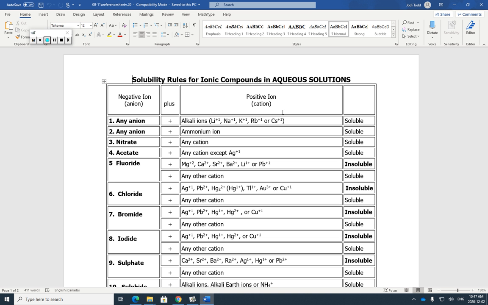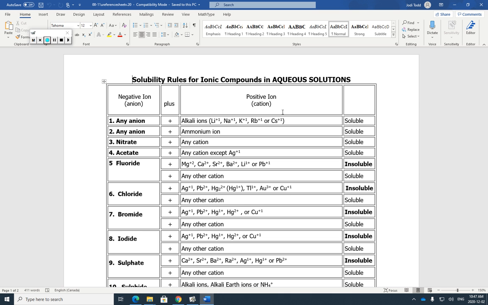Then, anything plus the alkali ions, soluble, so they'll dissolve. And that is why you may have noticed that basically the entire activity you just did was nitrate, right? So nitrate plus anything is soluble. It's such a common ion because it's small, because it dissolves easily, so it's easy to use, right?